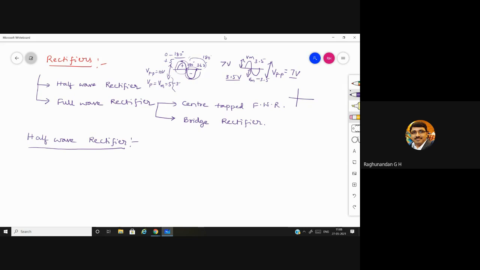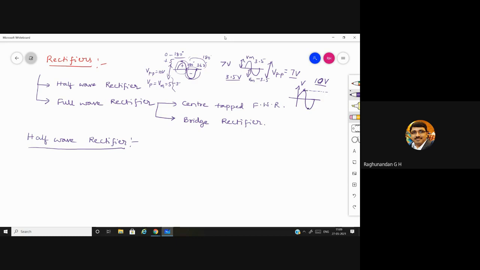See, if you take a signal like this and they're telling you this signal is of 7 volt. Okay, let us take any other value, 10 volt. Then if this signal is of 10 volt, it means that from this peak to this peak, these are known as peak levels of a signal.